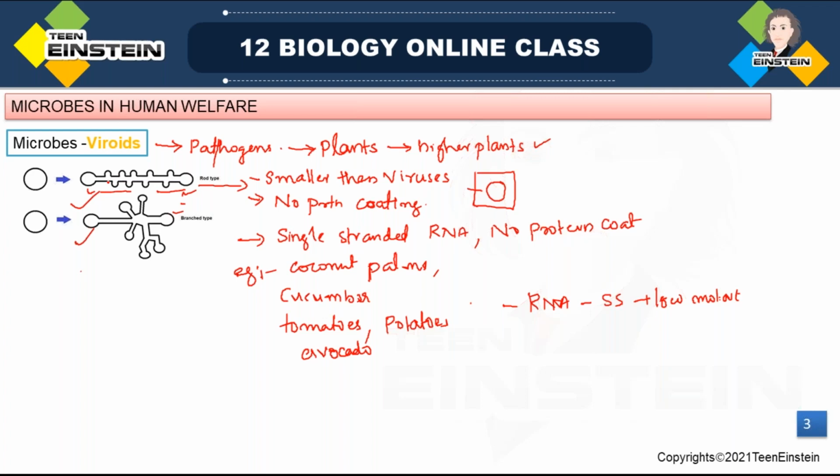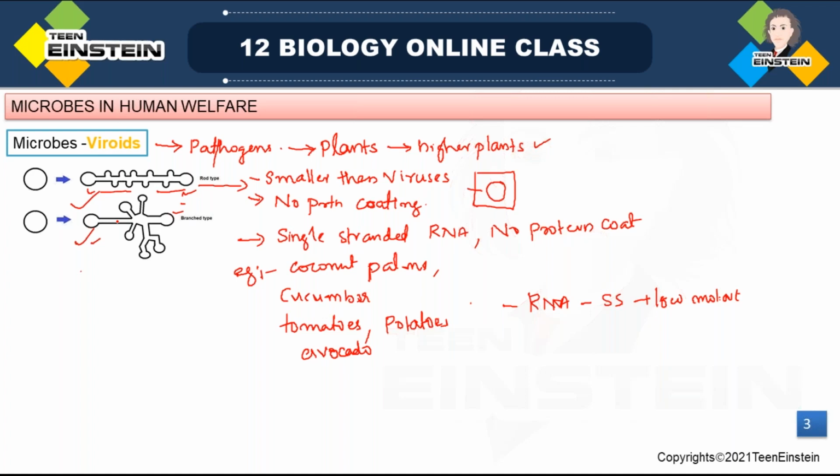So the genetic material is only RNA, viroids infect only plants, as we have already told. This RNA is single stranded with a special structure, you can see here, and that single-stranded RNA has very low molecular weight.